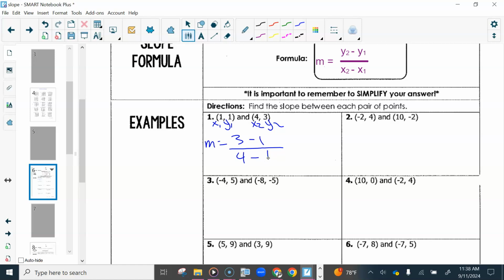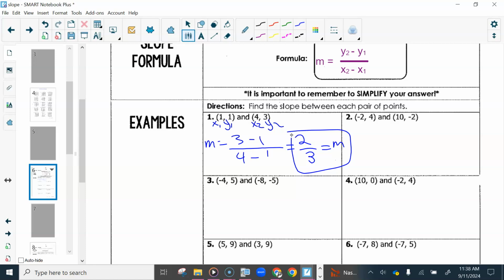So we should always be setting up our slope to look something like this. And then we just subtract. So 3 minus 1 is 2, and 4 minus 1 is 3, and that is our slope. Questions about that? Yeah.